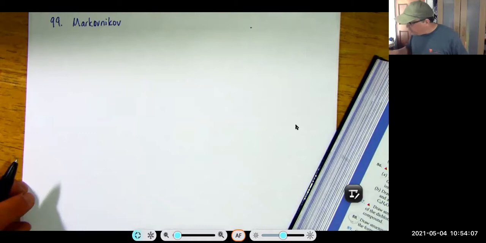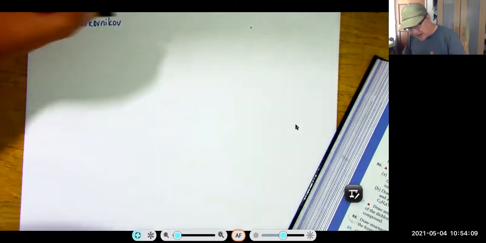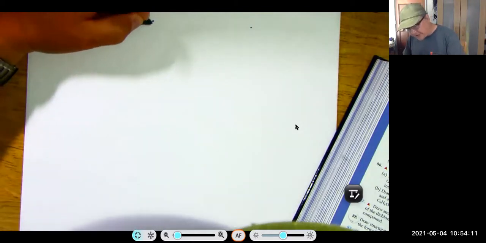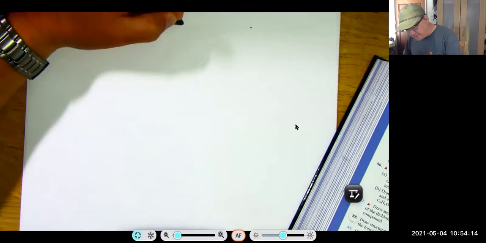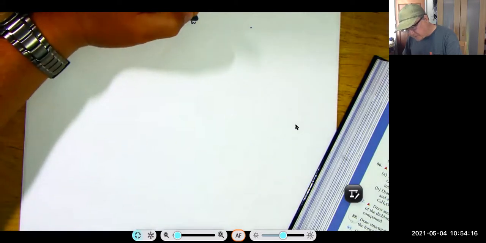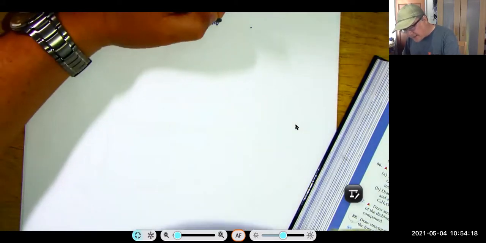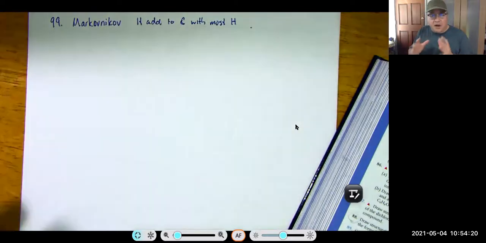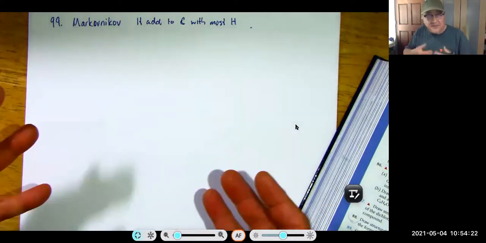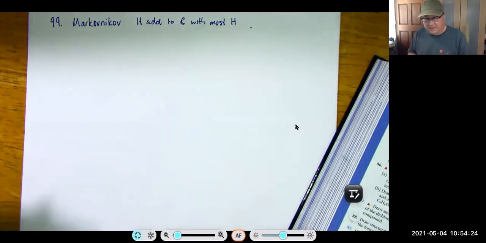All right, so we're going to use Markovnikov's rule: hydrogen adds to the carbon with the most hydrogens. Now, that's the product that dominates. That's the major product, not the only product. Okay.